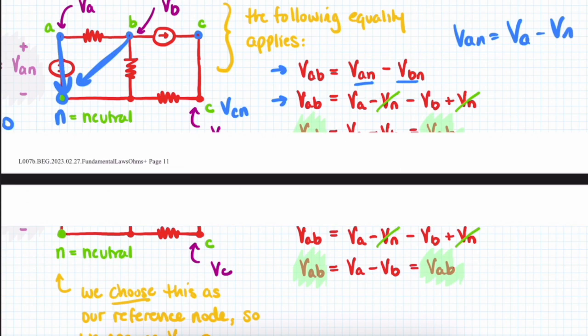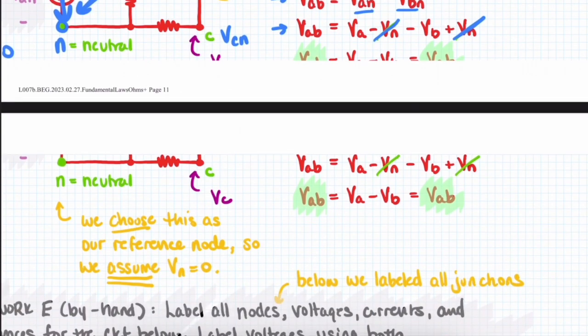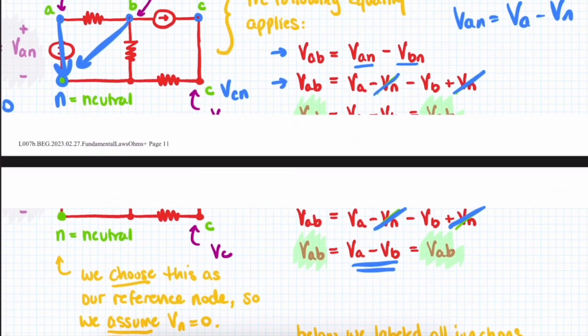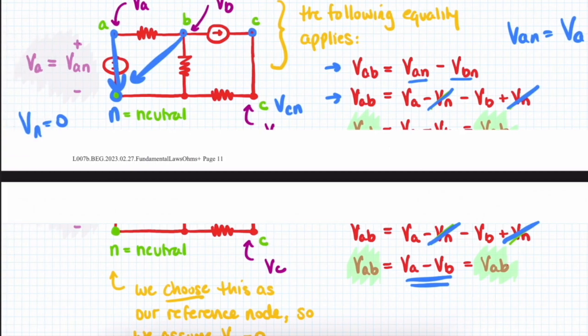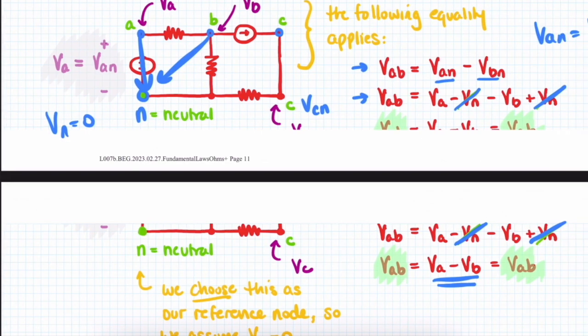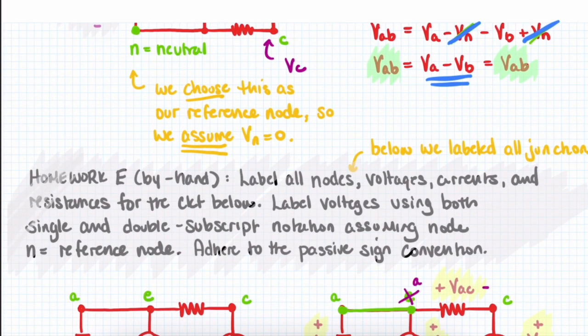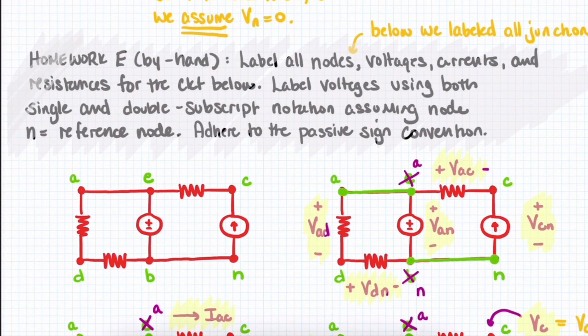All right, and you can see here that the VNs cancel out, which then leaves us, after some substitution, with VA minus VB. Perhaps this math is not super useful, but it does demonstrate how we can relate those subscripts to one another, and that the relationships we already know to be true, they hold if we manipulate the subscripts properly. All right, I think we have one more problem to take a look at.